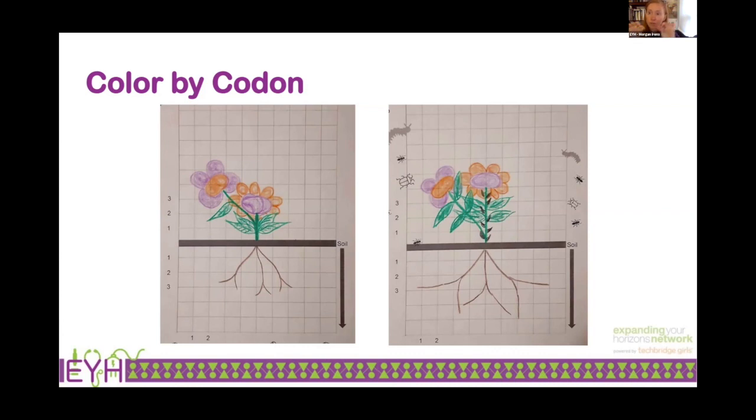mutation where thorns start to appear? What is advantageous about having thorns on a flower? There's a hint on your sheet. So if you look at the sheet, yes, protected from herbivores, yeah, as well as the insects as well.